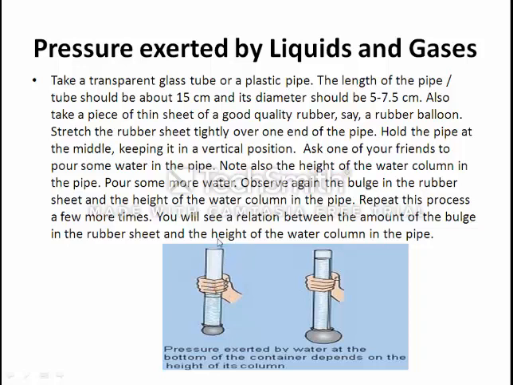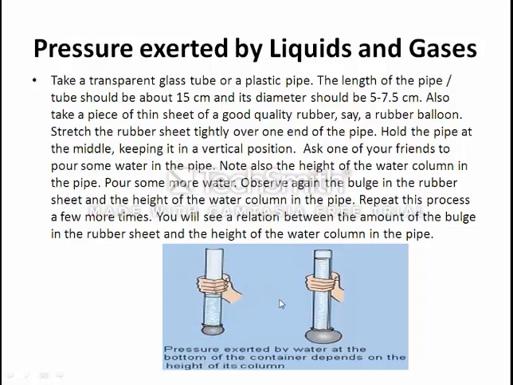We are putting the water from the top, and we are noticing the height of the water column in the pipe. Now this is the first case, and here we are also observing the bulge which is taking place in the rubber sheet. Okay, now we have noted it down.